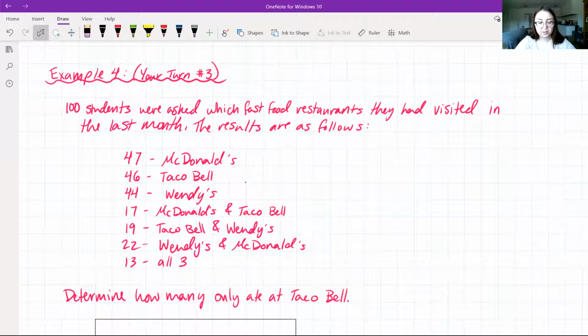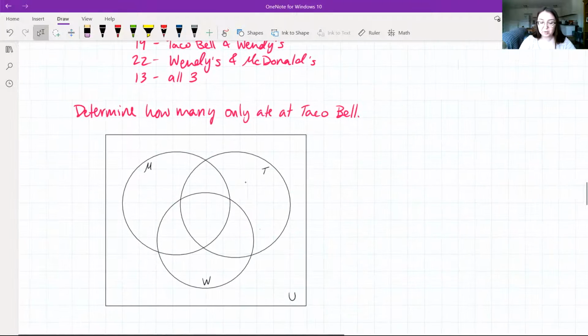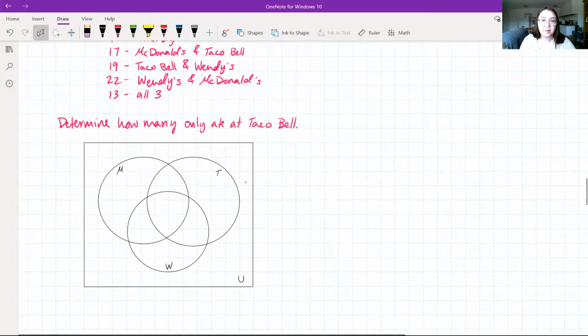The results are as follows. 47 students went to McDonald's. 46 students went to Taco Bell. 44 went to Wendy's. 17 of them went to McDonald's and Taco Bell. 19 of them went to Taco Bell and Wendy's. 22 went to Wendy's and McDonald's, and 13 went to all 3. So we want to determine how many people only ate at Taco Bell.